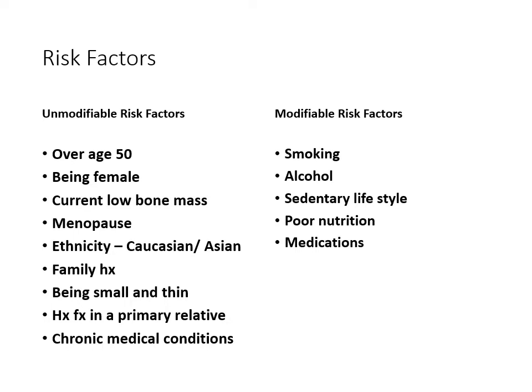Now let us look at the risk factors. We can look at the unmodifiable risk factors and modifiable risk factors. The unmodifiable risk factors are age over 50, being a female person, current low bone mass, menopausal women, ethnicity like Caucasian and Asians, family history of osteoporosis, being small and thin, history of fracture in a primary relative, like a father, mother, siblings, chronic medical conditions.